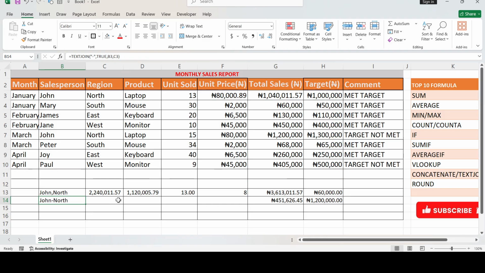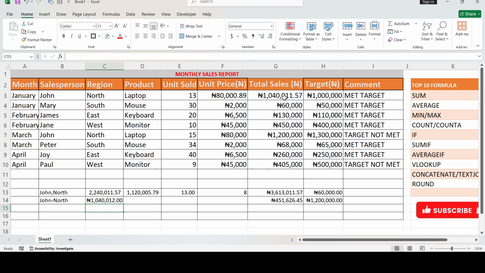The last one we'll be looking at is the round. This rounds it from decimal points to a whole number. Let's say equal to round, we want to round up this figure G, comma 0. That is why I actually did this, so that we can be able to work with this. You close the bracket, you can see it rounds it to 0 decimal places.